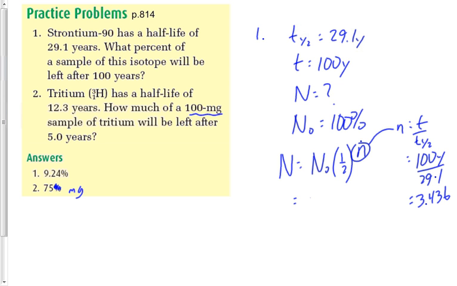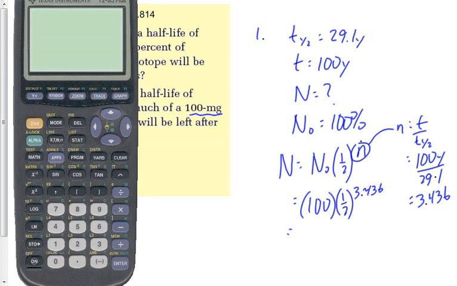So we got 100 times 1/2 to the 3.436. Let's do this on the calculator here. 100 times 0.5, not times 10 to the, just to the exponent 3.436. 9.24.